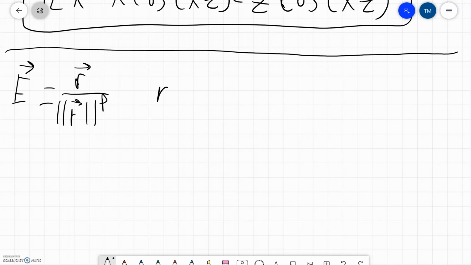And vector r is x in the i direction plus y in the j direction plus z in the k direction here.